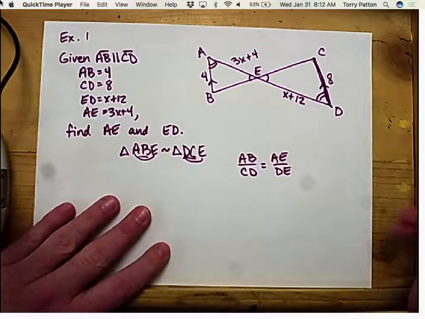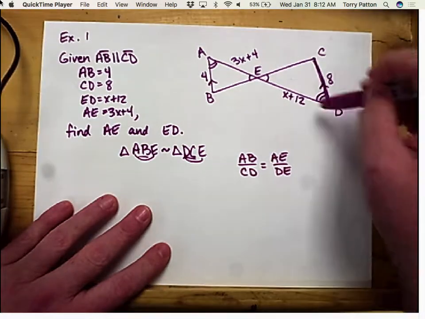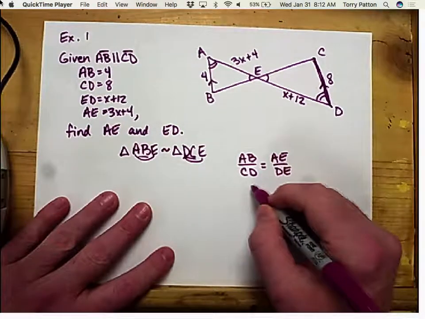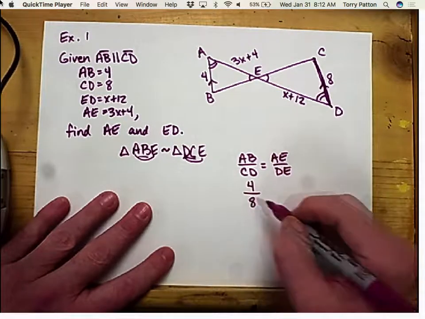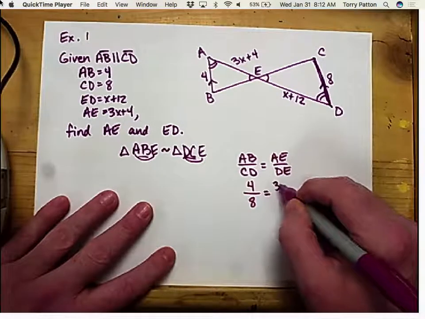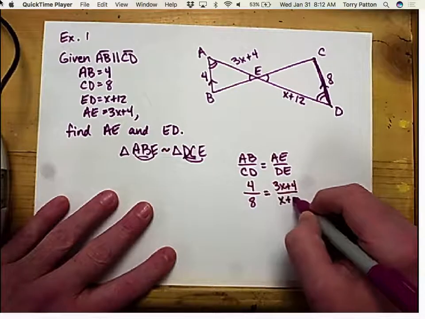Right? AB over CD is AE over DE. So now just plug in what you know. That's 4 over 8 equals 3x plus 4 over x plus 12.